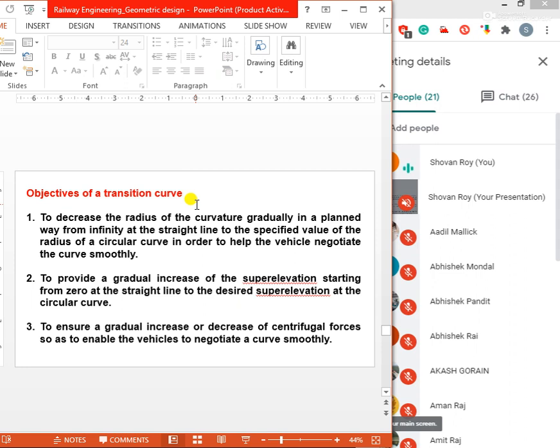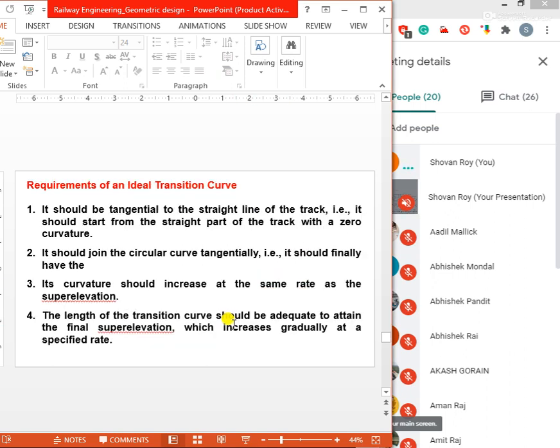The transition curve is provided on the track. Now these are the objectives. Next, requirements of an ideal transition curve.